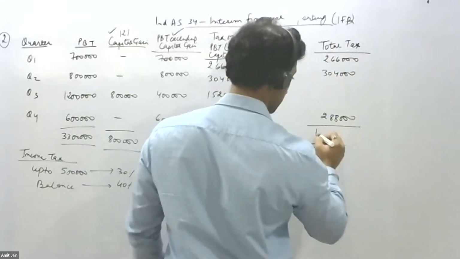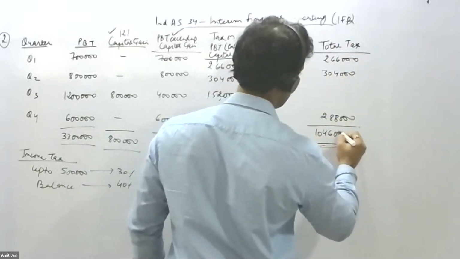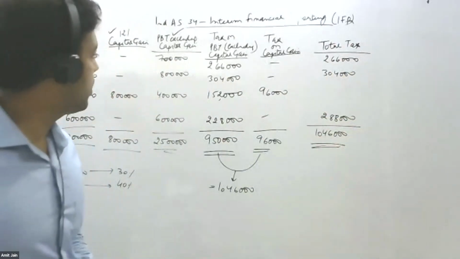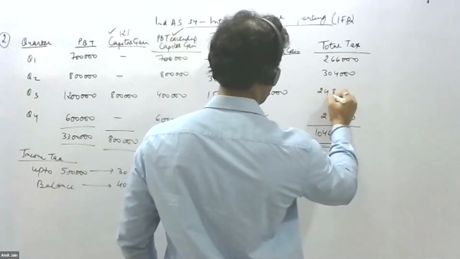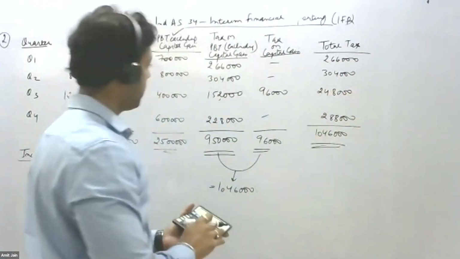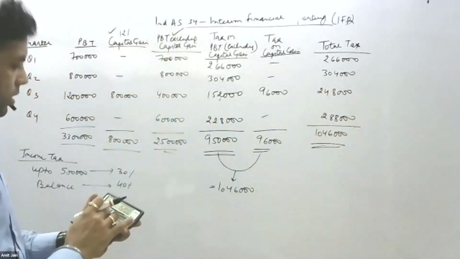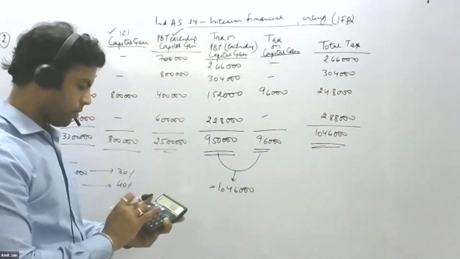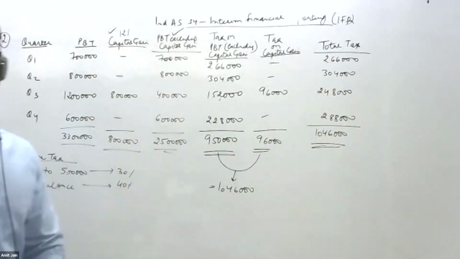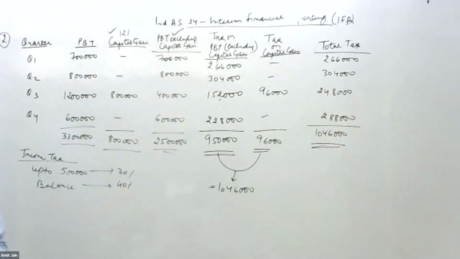This will be 10,46,000. And what is the total of this? Right? 1,52,000 plus 96,000. Yes, this will be the answer.